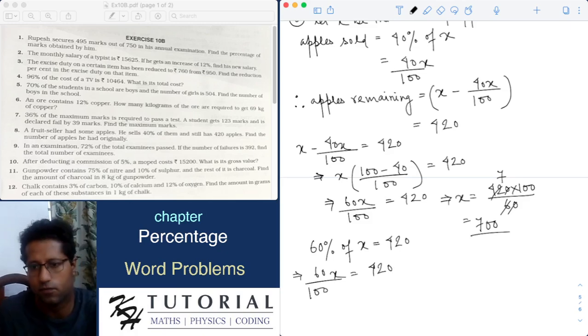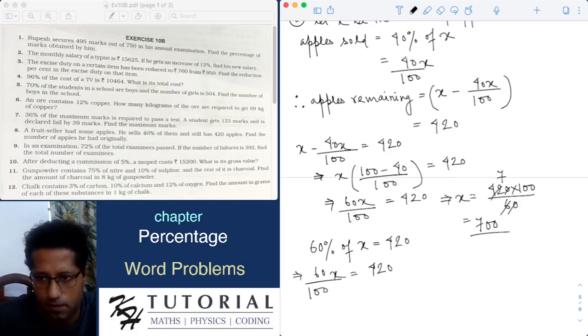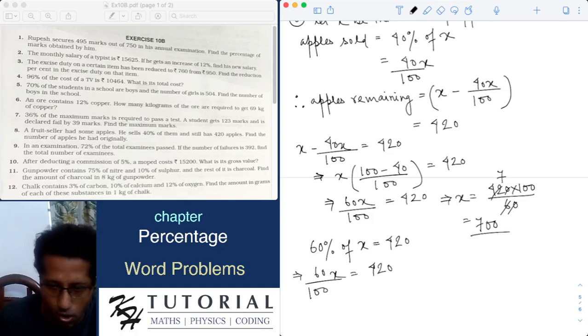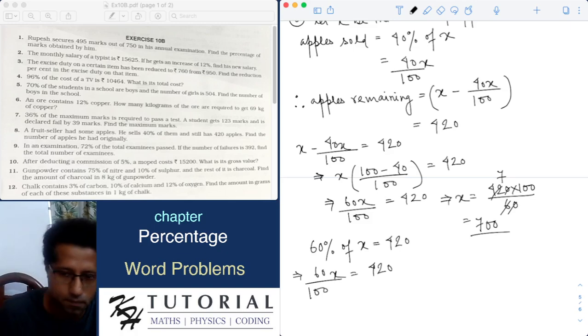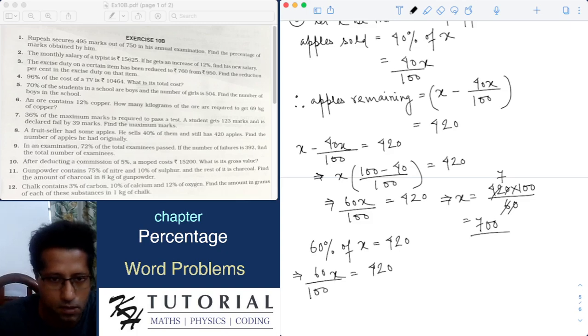This is exactly what we got in this step in the previous method of solving. The method I solved is a little long method. You will have to do a little more computation. But if you think this way, that if 40% of the apples is sold, then definitely the remaining percentage is 60%. And if you assume the total number of apples to be x, then 60% of x will be equal to 420. And from here you can solve out x. It will take a little less time.